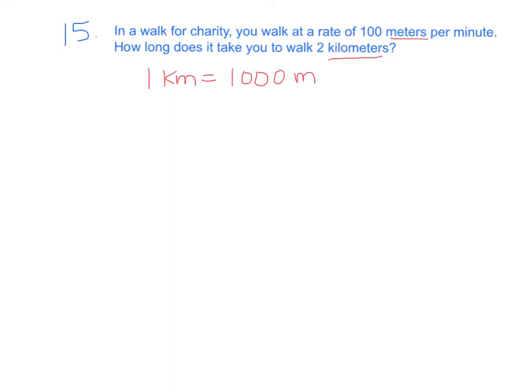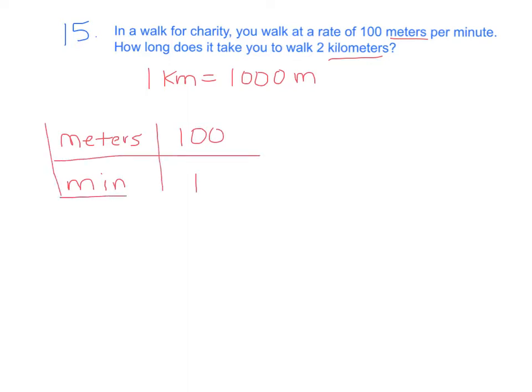I'm going to start though, and I'm just going to do this in meters, and then we'll convert it later. So I've got my meters, that's what I'm working with on my ratio table, and I've got minutes that we're talking about, and I know right now that I can do 100 meters per minute.